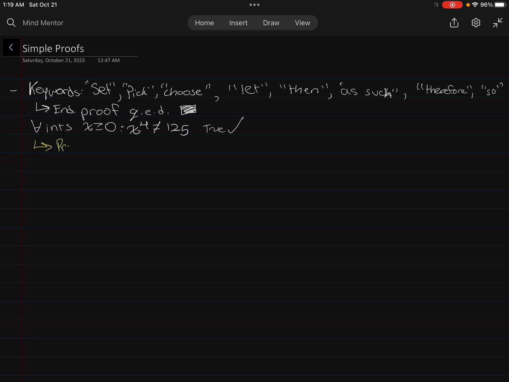So how do we write out a formal proof? Well, you want to start by labeling, of course, proof. And what I like to do is to number the lines so I can refer back to them in future lines. We'll just start by saying, let x be an integer.